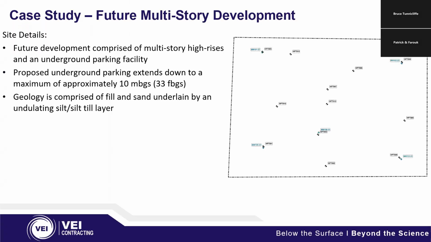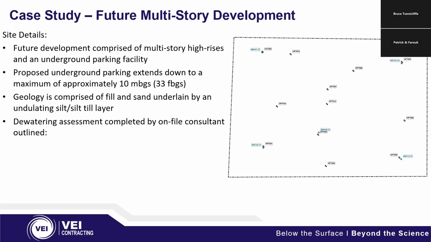So the site we had is a future development comprised of multi-story high-rises and an underground parking facility. The proposed underground parking facility extends approximately 10 meters below ground surface. The geology of the site is fill and sand underlain by an undulating silt till layer. So there are variable depths of the silt that appear.